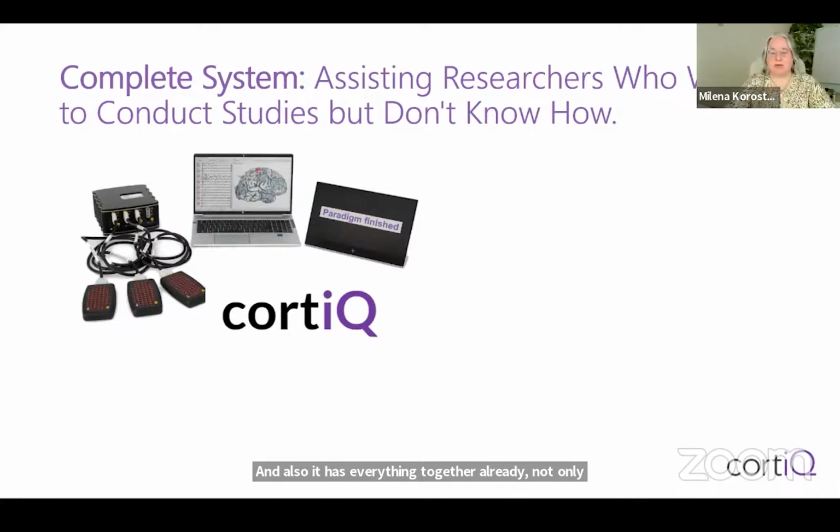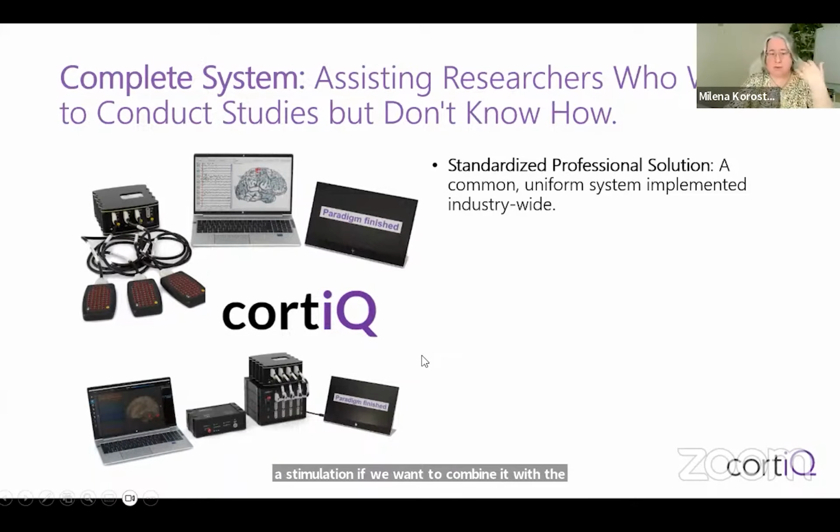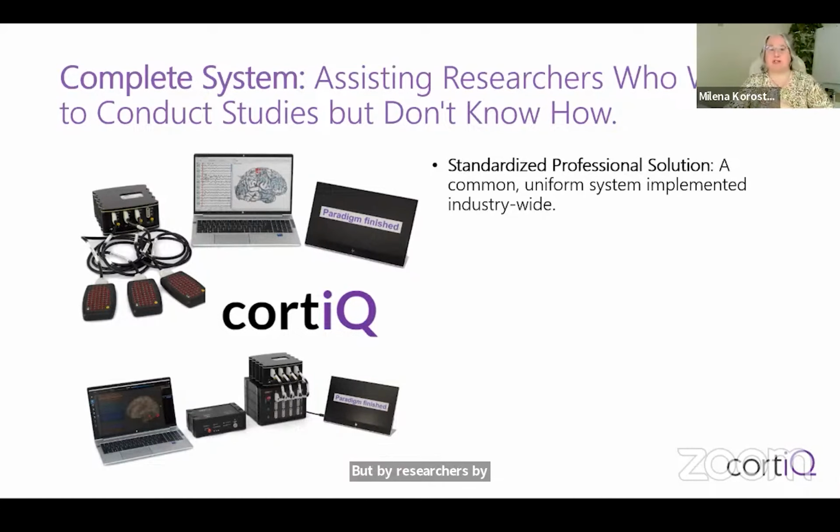Everything is connected so that we can work with the system. Plus, it has this unique research component which allows for montage. It allows for stimulation if we want to combine it with the recording. So basically, a new standardized solution, also FDA-approved devices that can be used easily by researchers, by scientists, by clinicians at the patient bedside and intraoperatively.